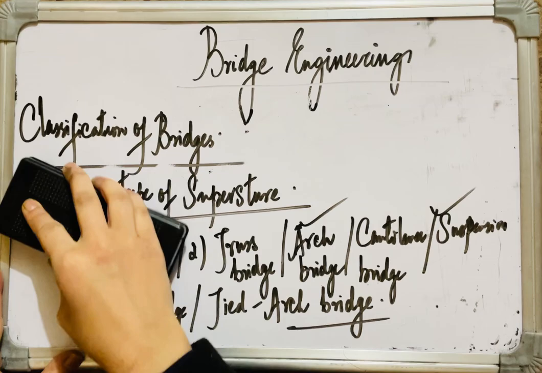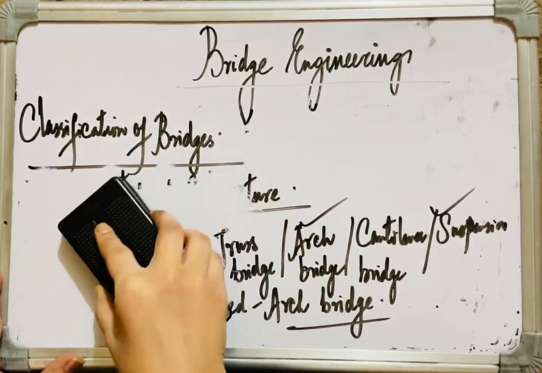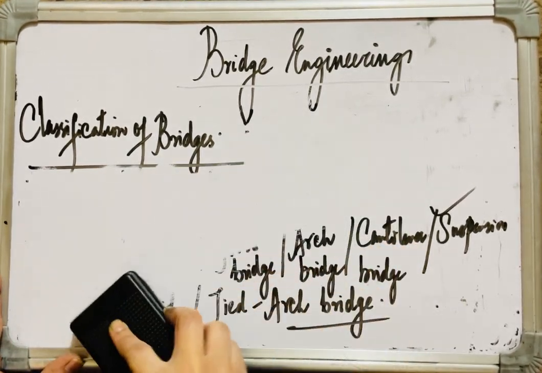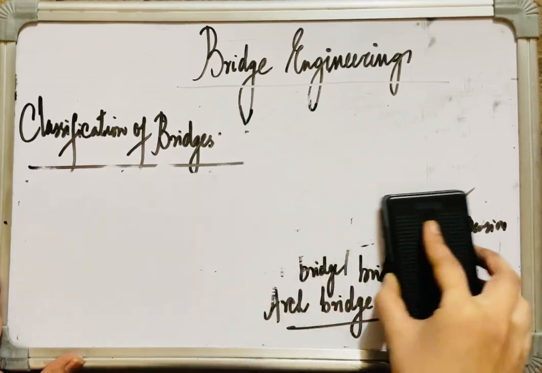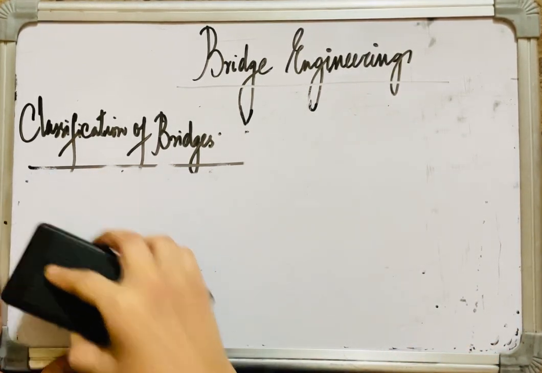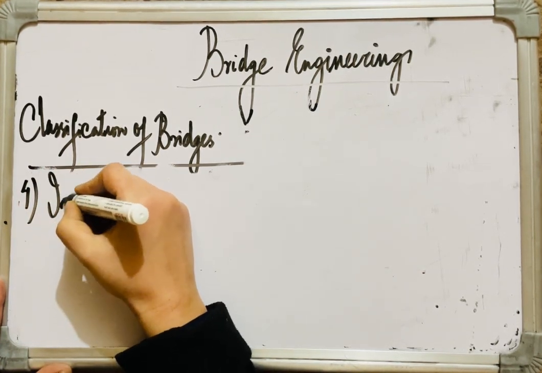Next classification is based on interspan relations. Span is the center to center distance between two adjacent supports, piers or abutments. Now the fourth classification of bridges is according to interspan relations.